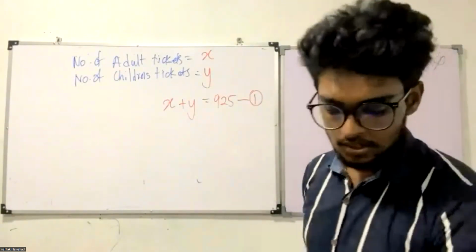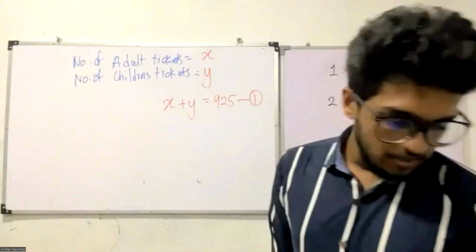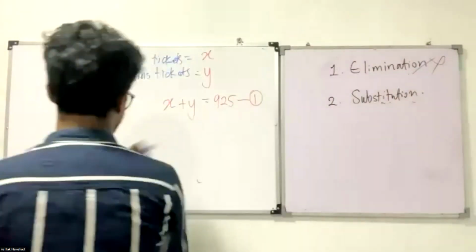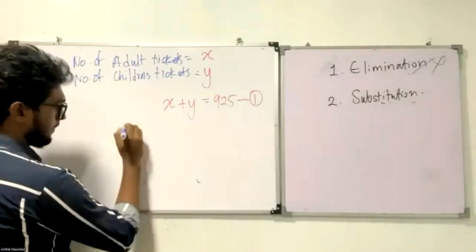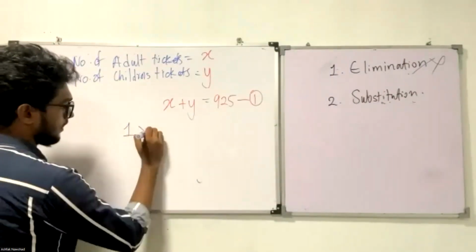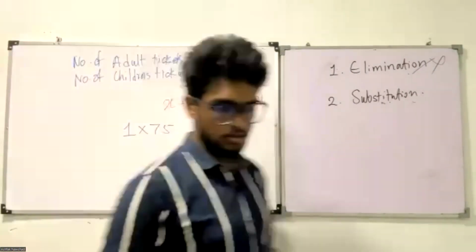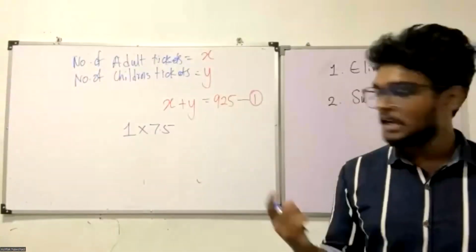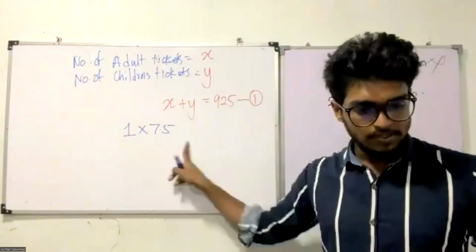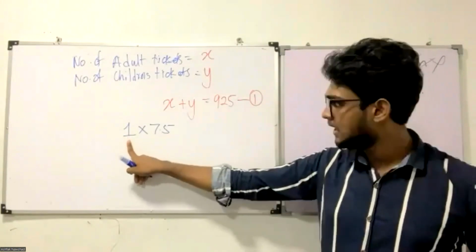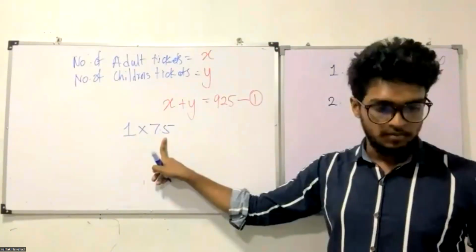For example, they say one adult ticket costs $7.5. So if only one adult ticket is sold, that means 1 times 7.5. Is this clear? The revenue, the income generated by adult tickets. If I sold one ticket, I get 1 times 7.5.